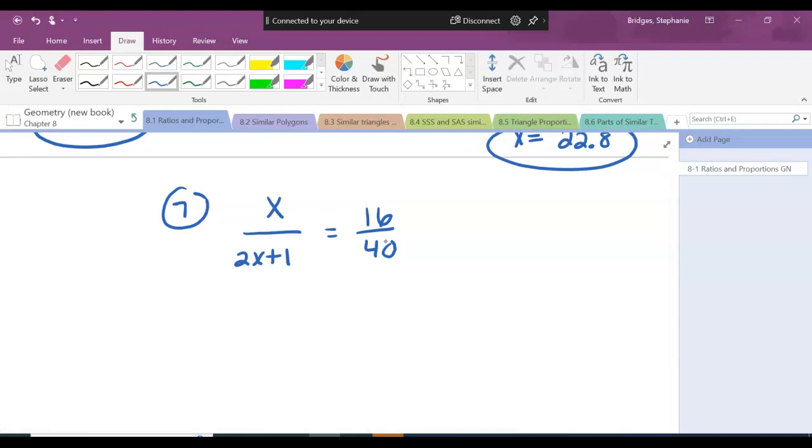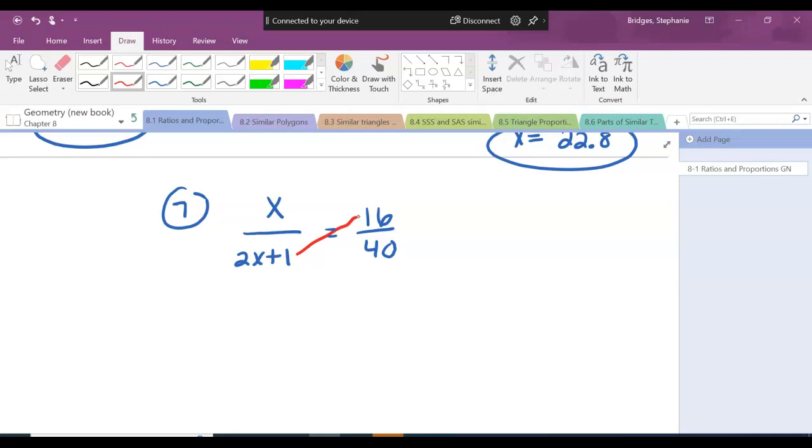Everybody ready? What's different about this proportion? It doesn't have just one number in a part of it, right? So when we start with our cross products, I've got 2 x's here, so it really doesn't matter which way I do this. I'm going to stick to this diagonal first. When I do this, that 16 has got to get multiplied by both the 2x and the 1.